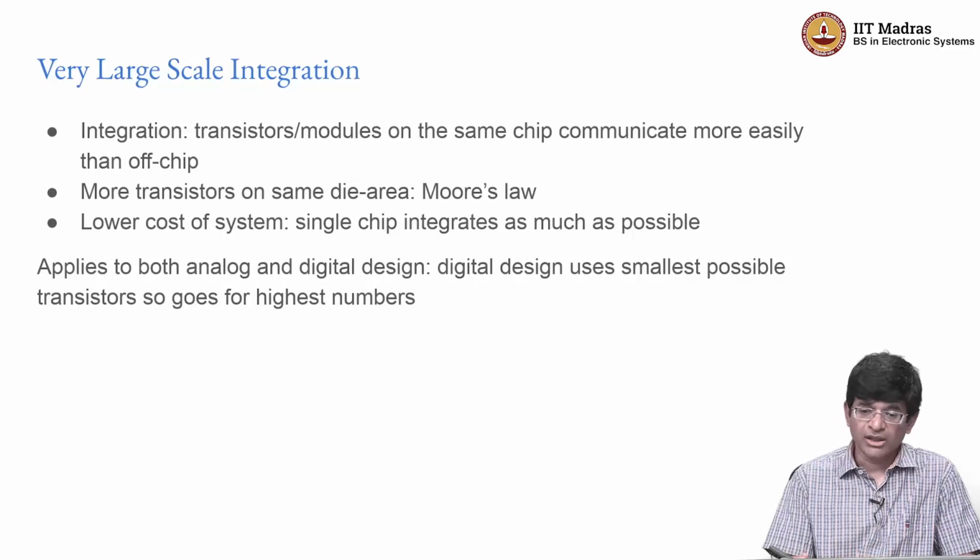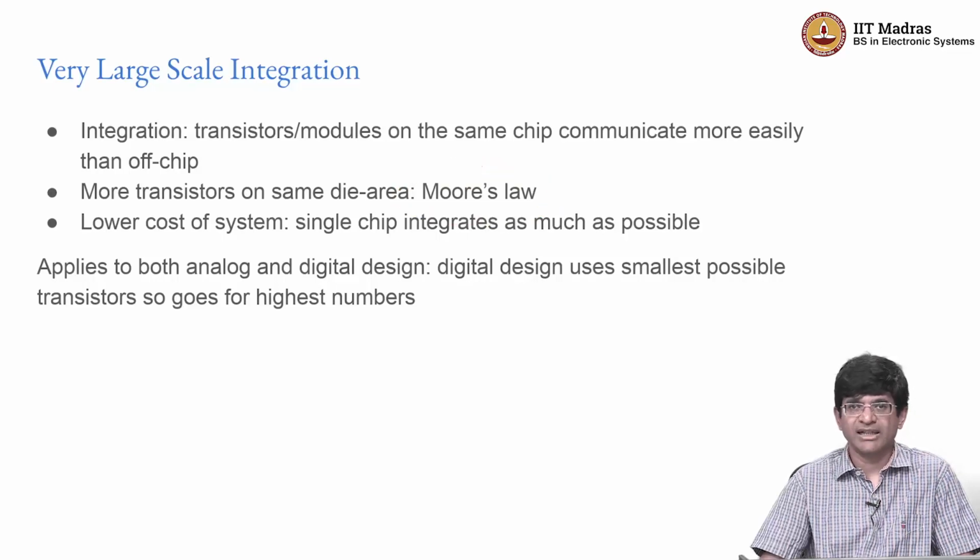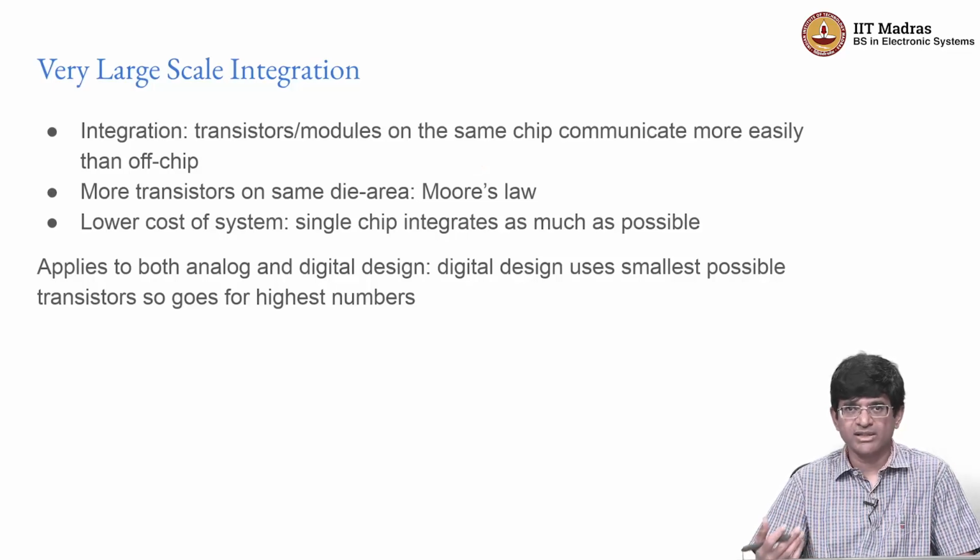In order to appreciate why this has happened, there is a concept called Moore's law, which was an observation by Gordon Moore, one of the founders of Intel. This was done way back in 1965, where he looked at how transistor densities, or the number of transistors that could be integrated on a given silicon surface, were increasing over time. The reason was that technology was getting better.